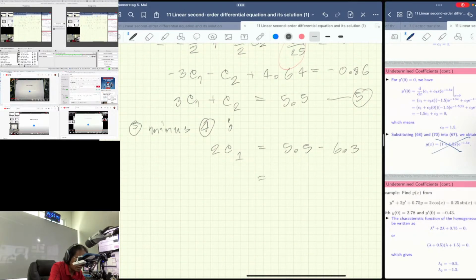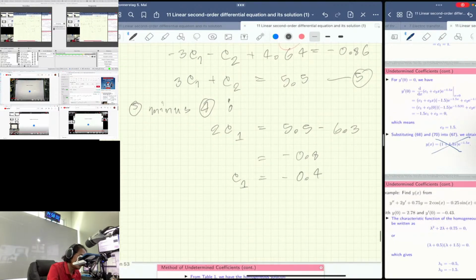So it's going to be, what is that? Negative 0.8. So C1 will be negative 0.4, right?